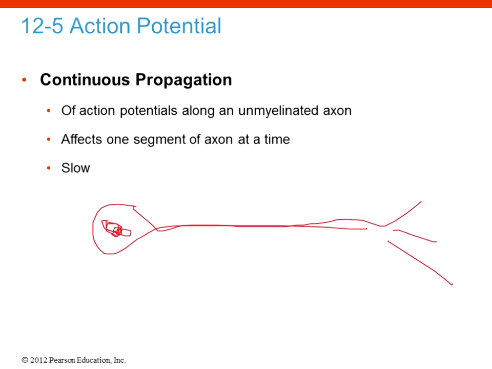Okay, that impulse is going to have to depolarize one step at a time, the entire way along the axon, because it can't skip anything, right? When we say myelinated axon, you can basically skip the myelinated sections. With unmyelinated axon, there's no myelin, so it has to depolarize every step along the way, and so it just takes more time, right?